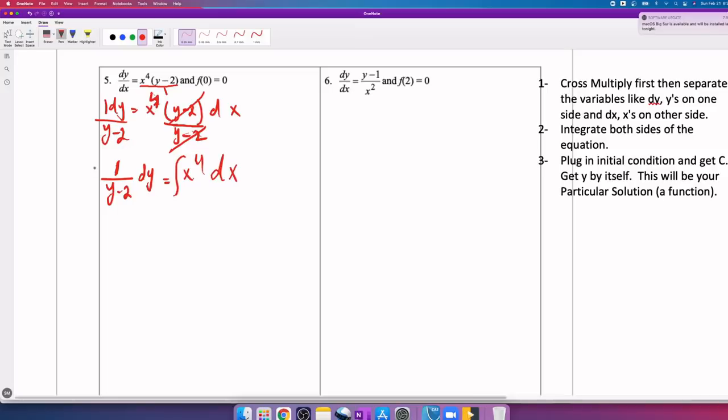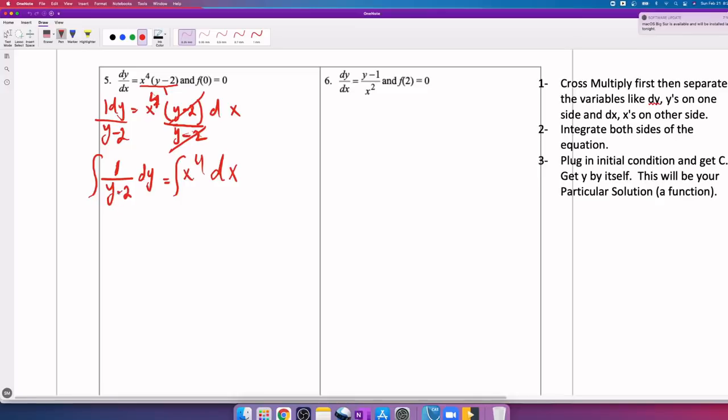Next step, integrate. Now, I said this before: when you integrate 1 over some variable with exponent 1, that's exactly my ln absolute.